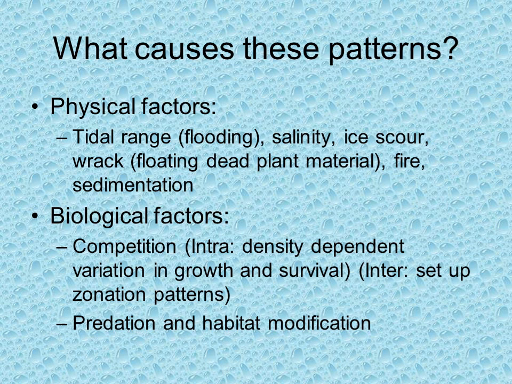The biological factors include competition, either within or between species, predation, and habitat modification. Sometimes predators can come in and wipe out entire sets of plants, which would change the habitat for that particular salt marsh.